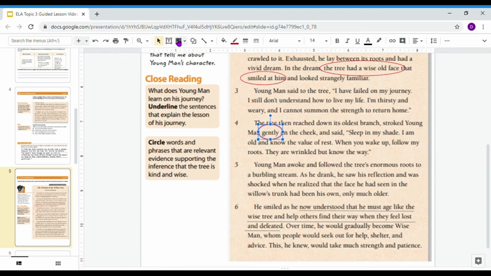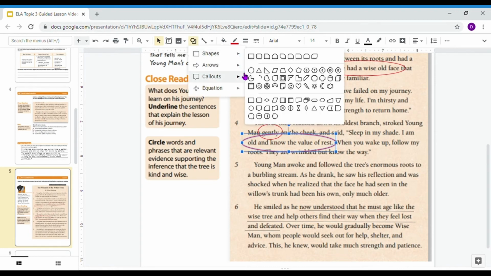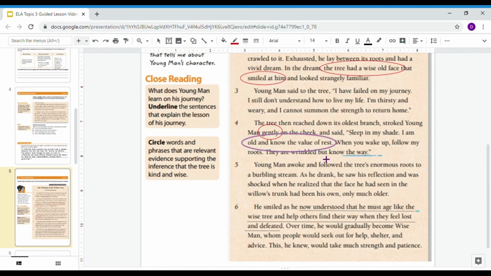And also, I'm just going to keep it moving. We're going to go, when you sleep in my shade, I am old and know the value of rest. That's showing wisdom. When you wake up on my root, they are wrinkled, but they know the way. That's going to be the last one that I circled. They are wrinkled, but they know the way. Because if they didn't know the way, they wouldn't be that wise now, would they?